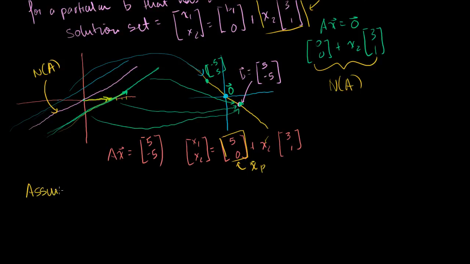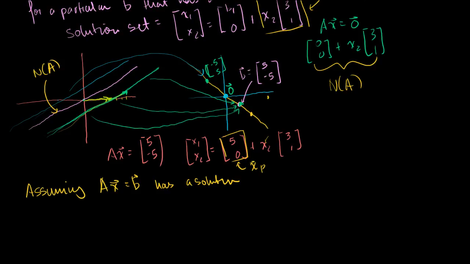Assuming Ax equals b has a solution, in the example we just did, we can assume it has if we pick one of these points here. If we pick a point off of our image, we're not going to have a solution.